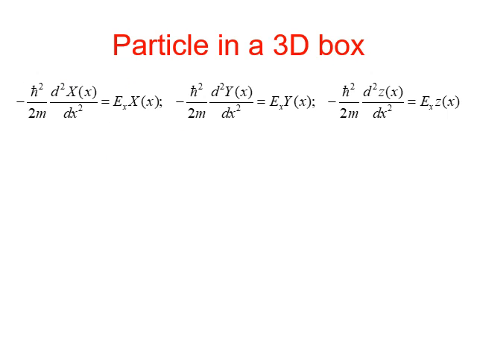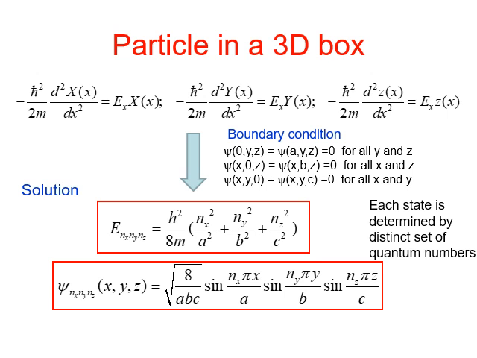Solving these three individual wave functions and then combining them together gives you the solution of the total wave function and the total energy. Not surprisingly, both the wave function and the energy depend on three quantum numbers: nx, ny, nz. All these quantum numbers are integers: 1, 2, 3.